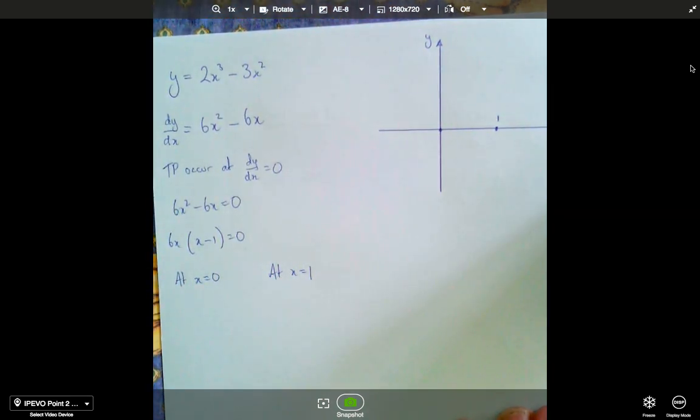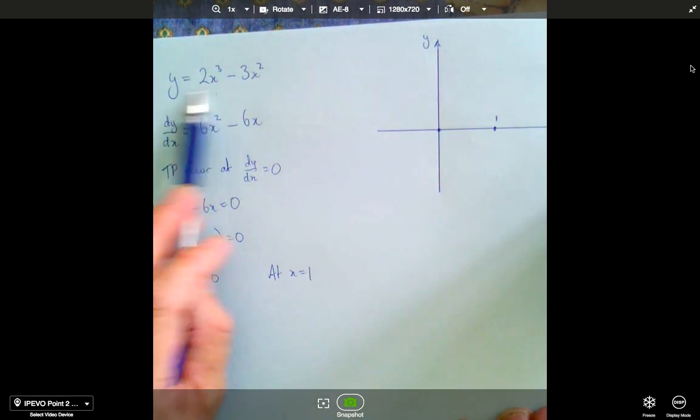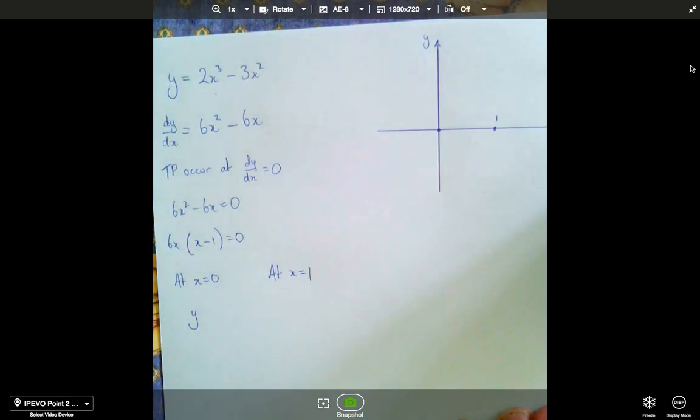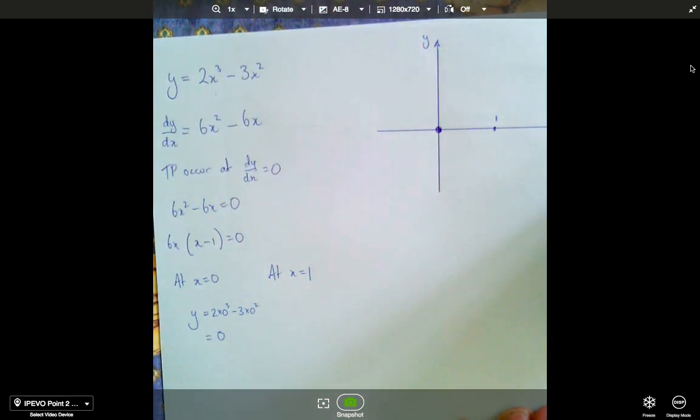What might I want to find out next? I might want to find out the y value. Okay, so at x equals 0, what does y equal? This is the one that says y equals. So at x equals 0, y is going to equal 2 times 0 cubed minus 3 times 0 squared, which is just going to be 0. So something happens at (0, 0).